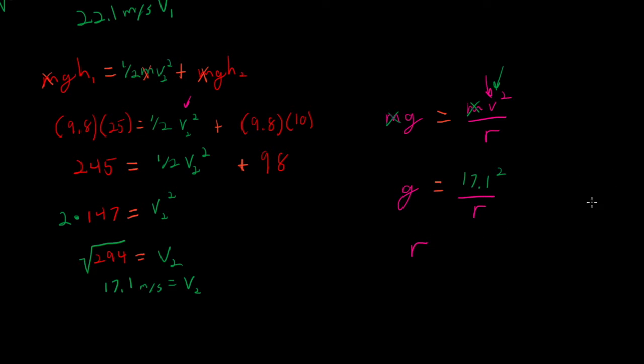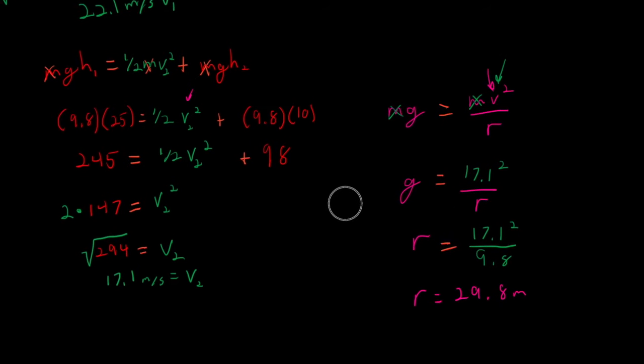And so we're going to have r equals 17.1 squared divided by 9.8. We can solve that. And so my r equals 29.8 meters. So my radius has to trace an arc of 29.8 meters.